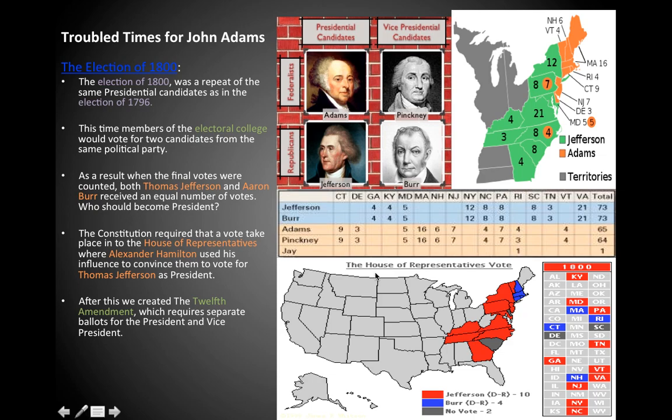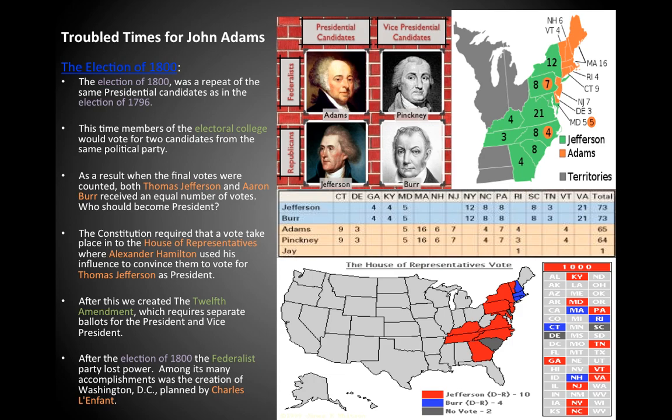Because of this tie and this conflict of Jefferson and Burr being on the same vote and getting a tie and forcing the House of Representatives to decide who would be president, we create the 12th Amendment, which requires that the president and the vice president be on separate ballots for the national election. Okay. So again, Jefferson becomes president, Aaron Burr becomes vice president.